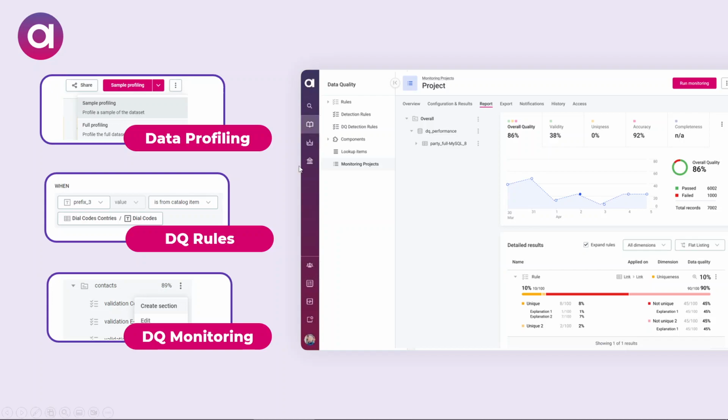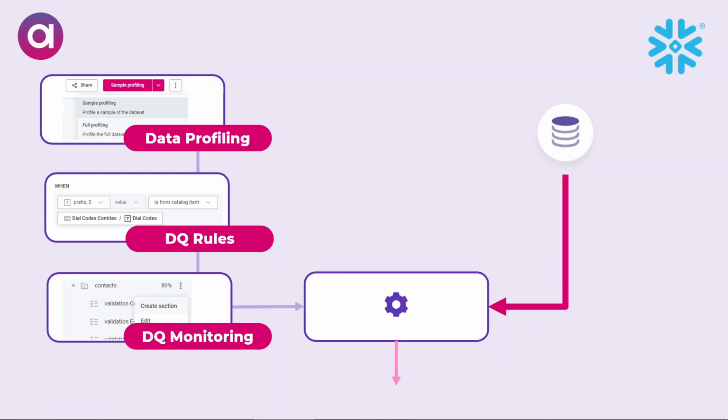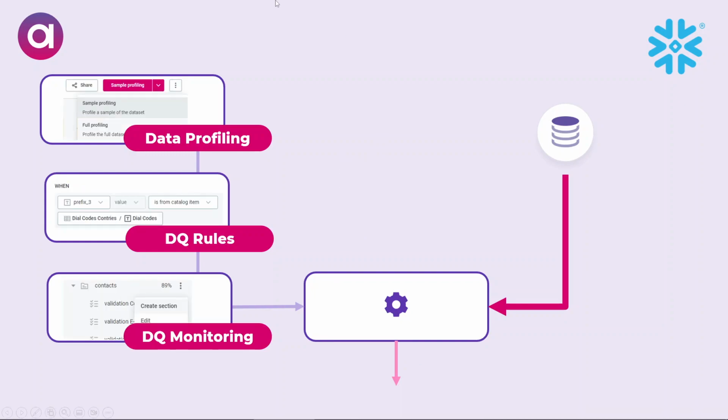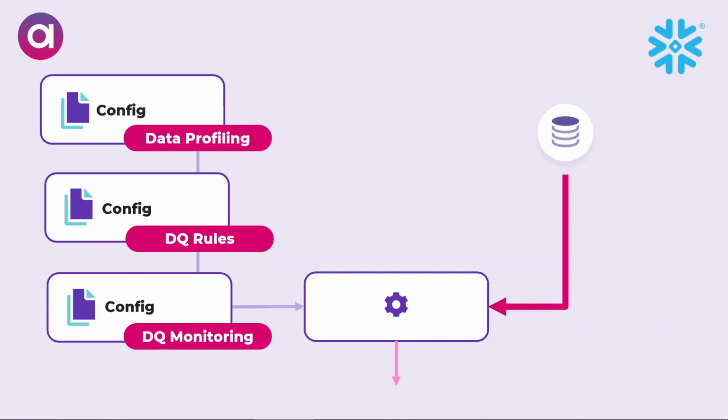So, of course, the fact that we want to profile data, what rules we have, on what data set we are applying this, all of that needs to be taken, put together with the actual data from your data source that you would like to evaluate, and processed by something. In the case of Ataccama ONE, all the, let's say, metadata that are represented in the web application are then transferred into some configuration files.